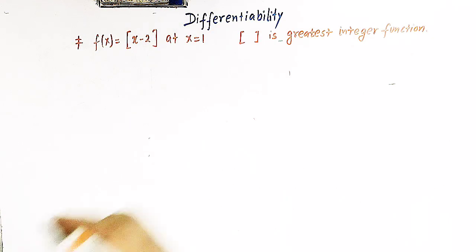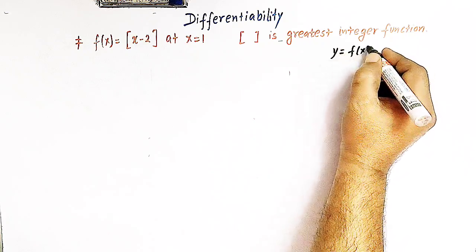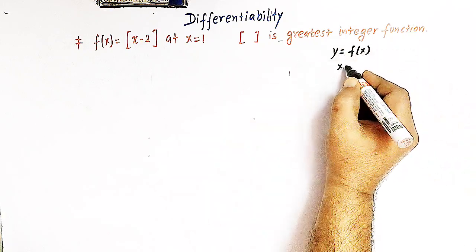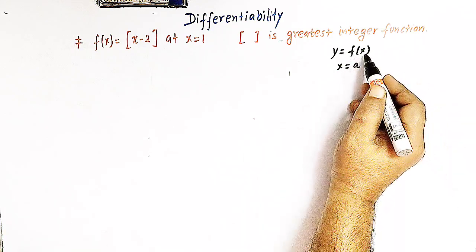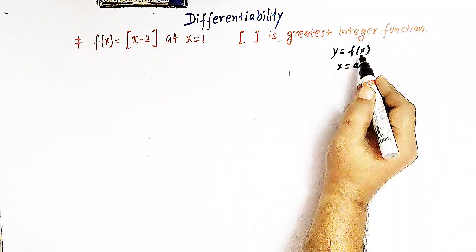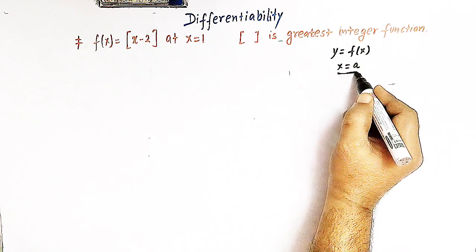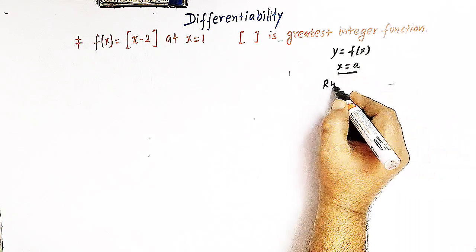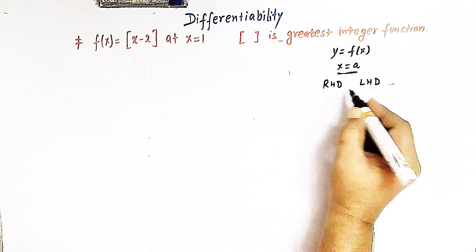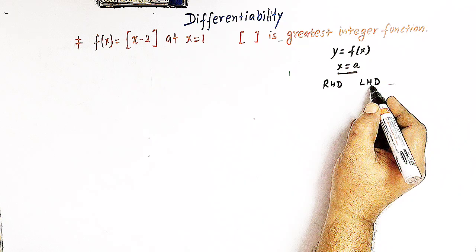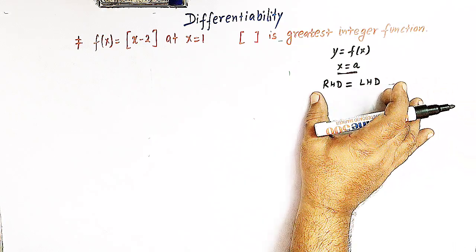Now we know that if we are given a function y is equal to f of x, and a point x is equal to a in the domain of this function, and if this function is differentiable at x is equal to a, then the right hand derivative and the left hand derivative, both must exist and they should be finite, and moreover these two derivatives should be equal.